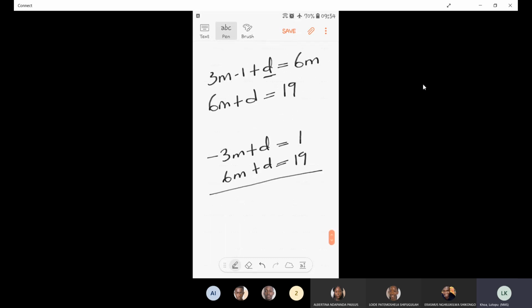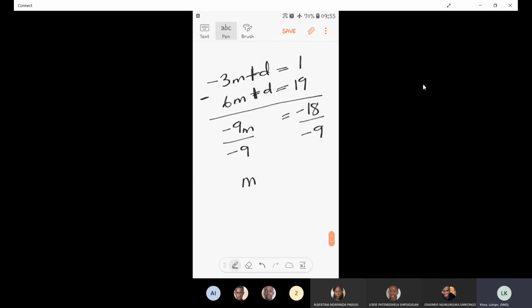So I want to solve for m. I get rid of the d. The signs are the same, so what I need to do is subtract. So I say negative 3m minus 6m, this is negative 9m, and then 1 minus 19, this is minus 18, divide by minus 9 on both sides.